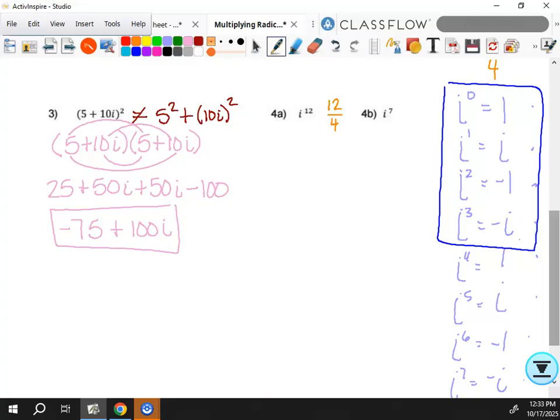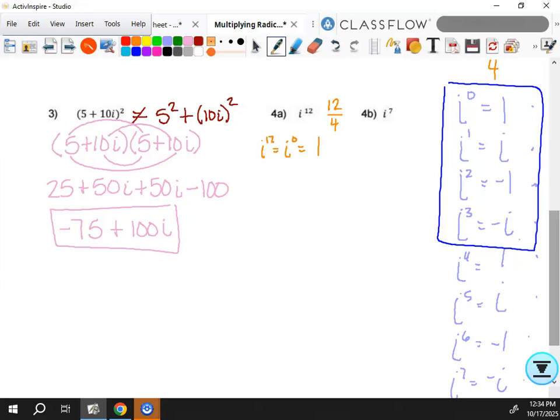So that means that i to the 12th is equal to i to the 0 power, because we look at the remainder. There is no remainder when we divide 12 by 4. So i to the 12th equals i to the 0 power, and that is 1. And my answer is 1. Okay? That's all you got to do.